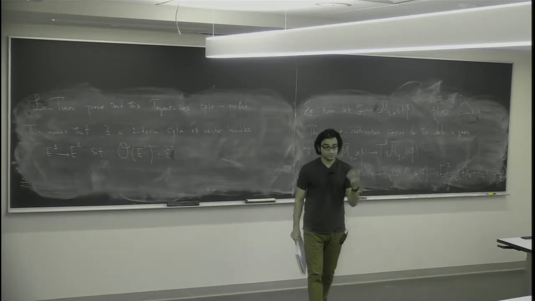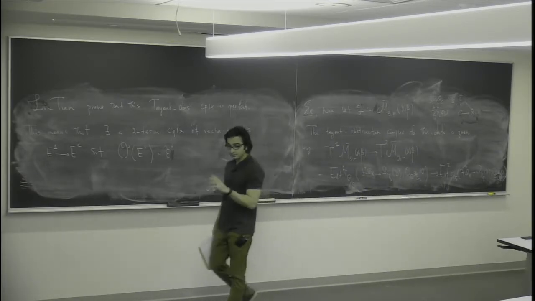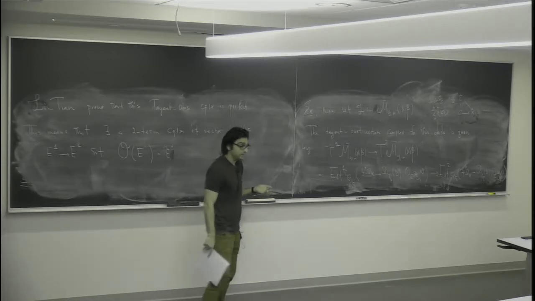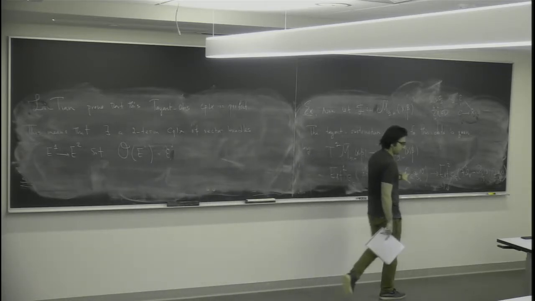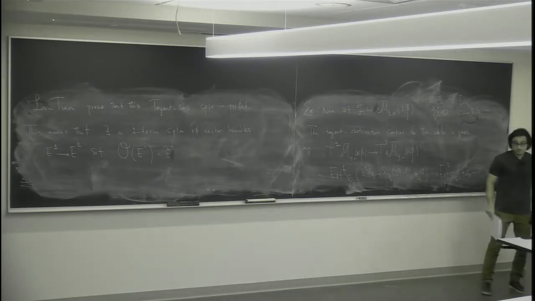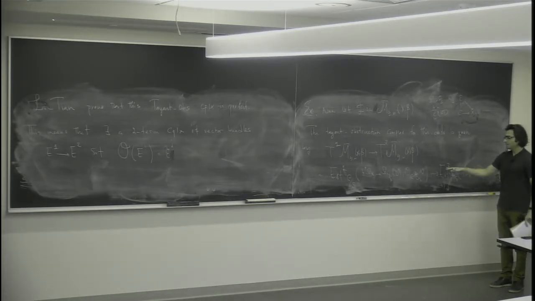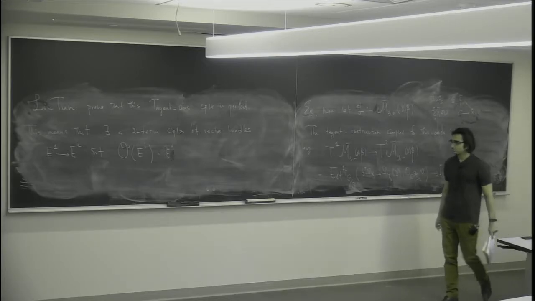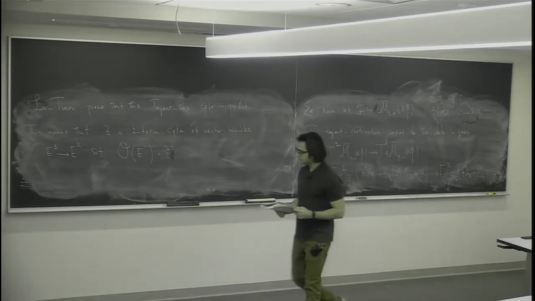And for the two-term complex, the two sheaves are the cohomology groups of the map of differentials. That's right. So I'm just saying there is an object in the derived category whose cohomology sheaves are basically given by this. And that object in the derived category has a resolution by a two-term complex of bundles.